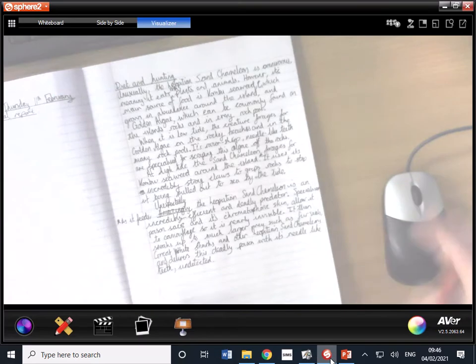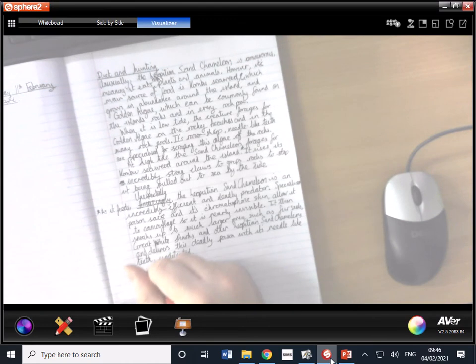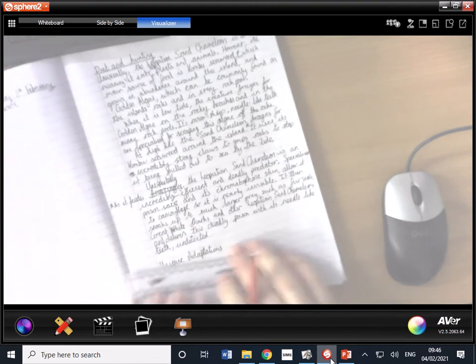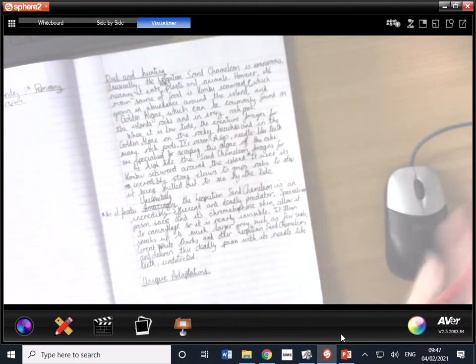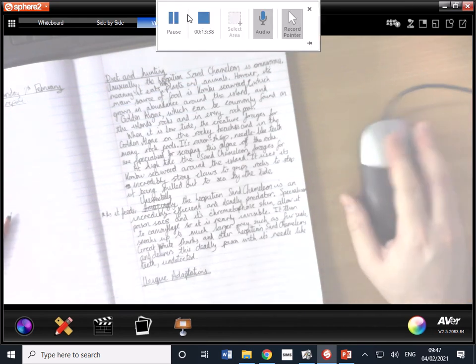So all you would do underneath that is write a new subheading, unique adaptations, after you'd finished, and then underline it. Right, I am looking incredibly forward to reading these next week from your books. So good luck Year 6, and I will see you tomorrow.